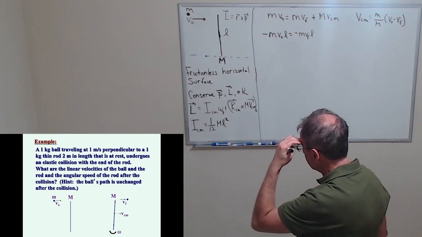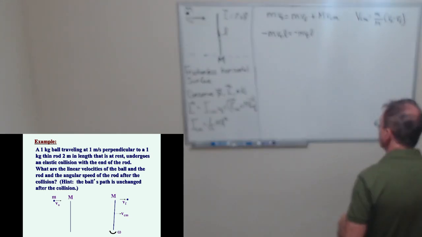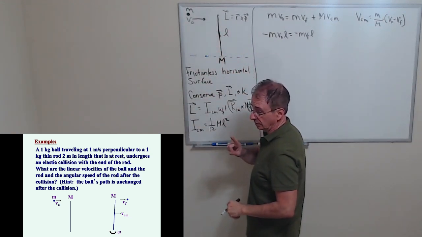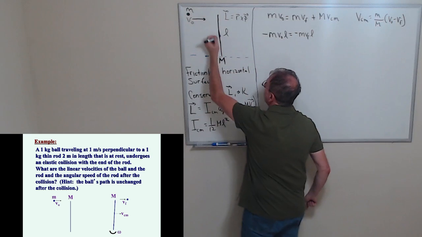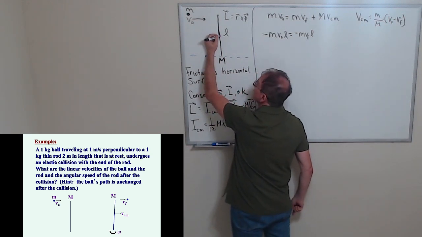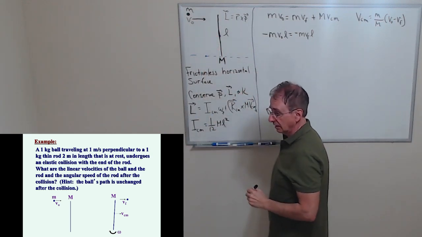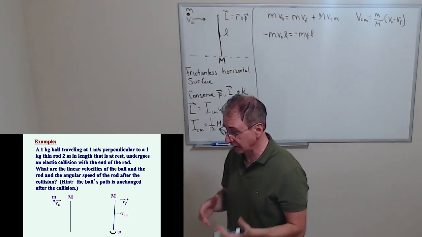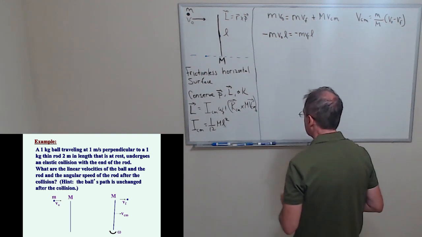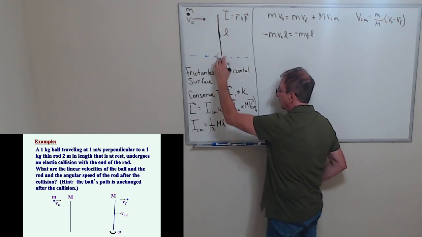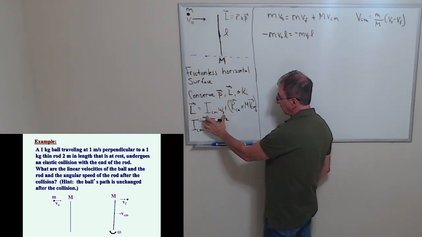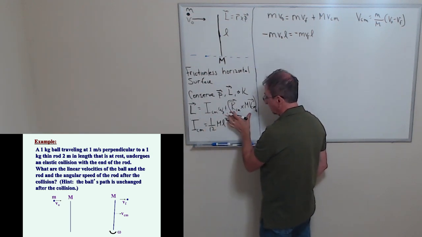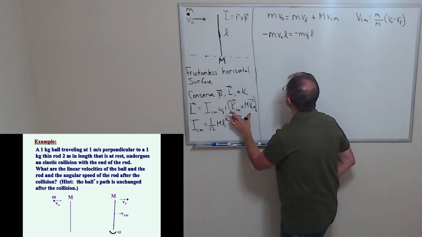Now, here's the thing that's different: the angular momentum of this rod is going to consist of two parts, not one. In part one of the video, when I calculated the angular momentum about the center of mass, the angular momentum of the stick only consisted of one part, just I center of mass times omega. But now we're calculating about this point, and so we need to write the angular momentum as the angular momentum about the center of mass plus the angular momentum of the center of mass.